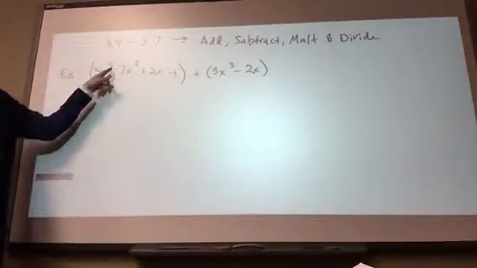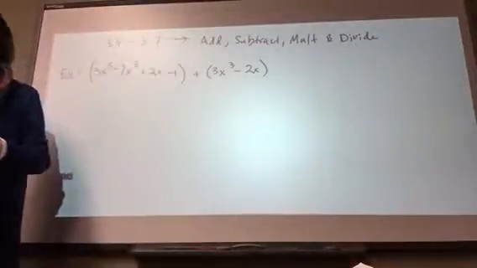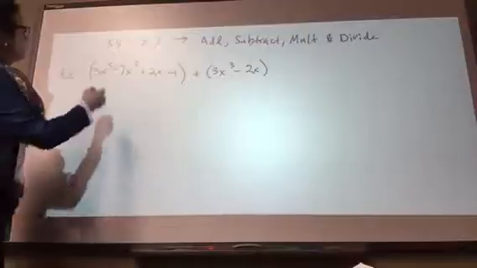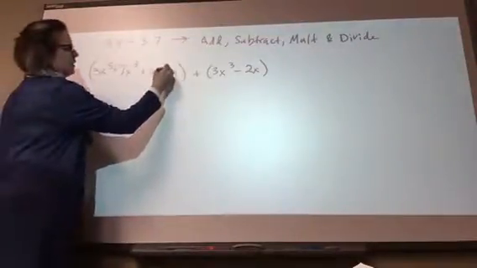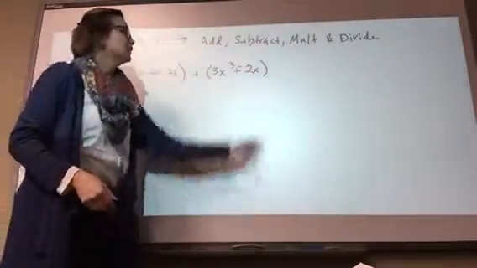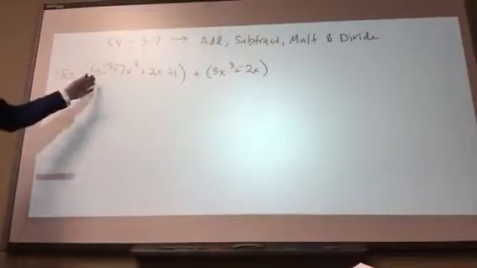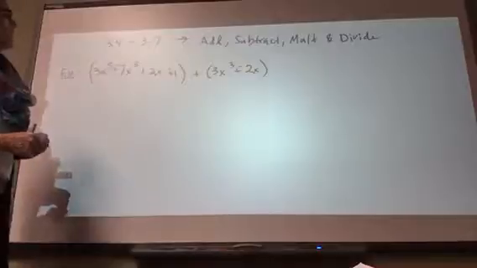Some people say the subtraction signs are easier if I change them to adding the opposite. Subtraction is the same as add the opposite, so you can change it to plus a -1, plus a -2, and then you don't need those parentheses.